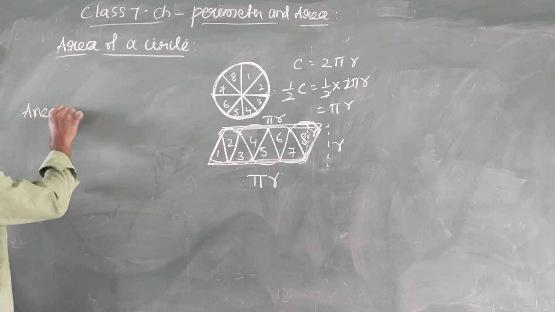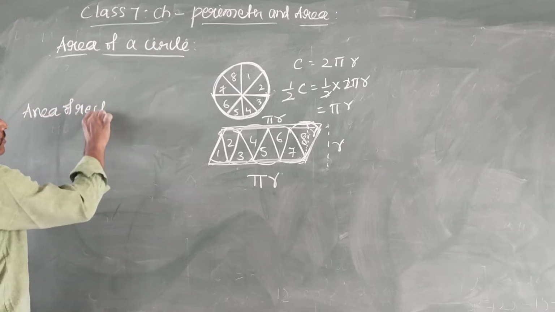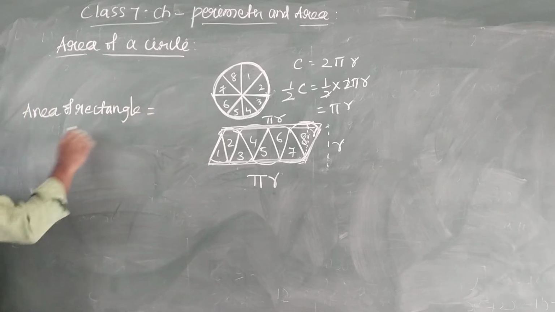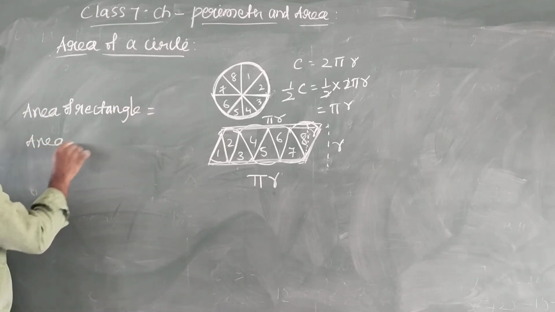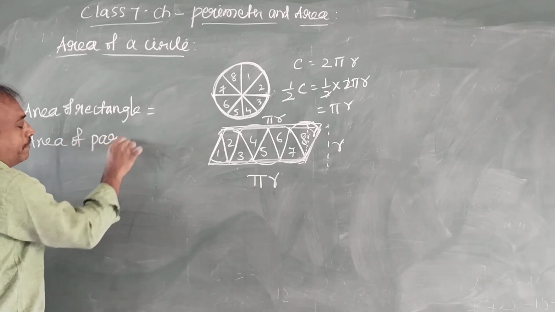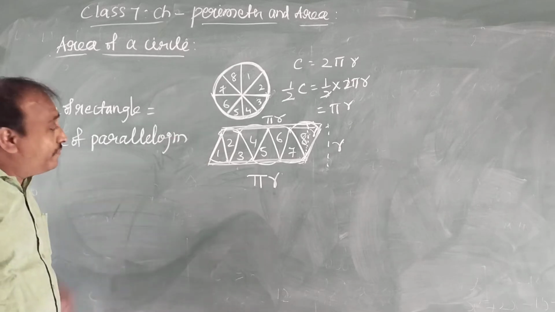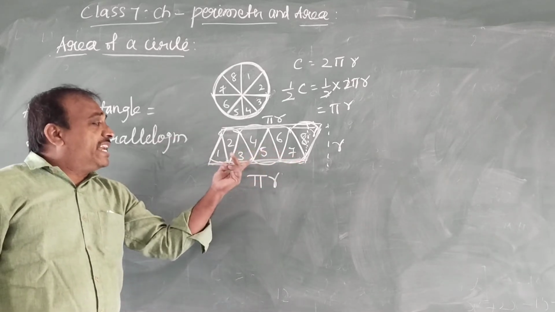Area of rectangle is equal to area of parallelogram, which is, now the base we are considering as length.